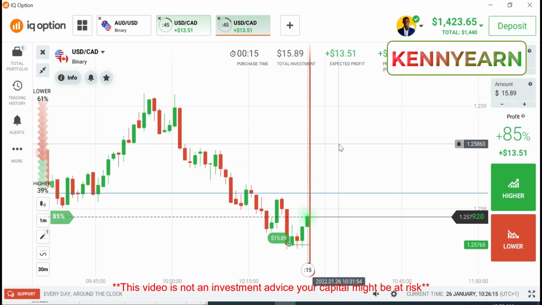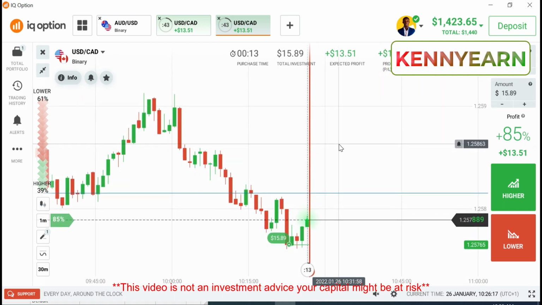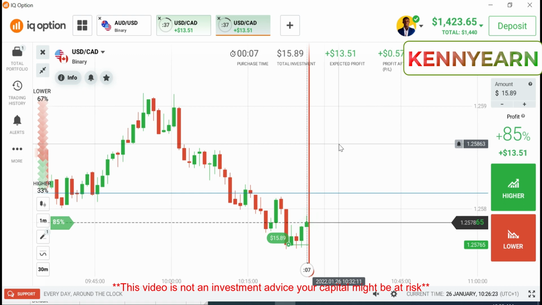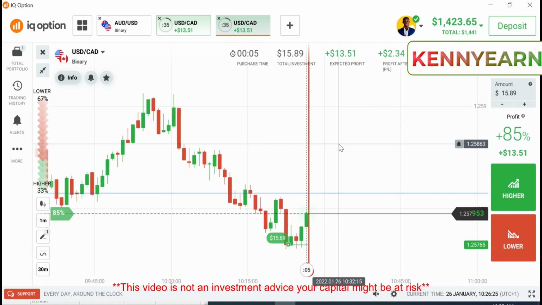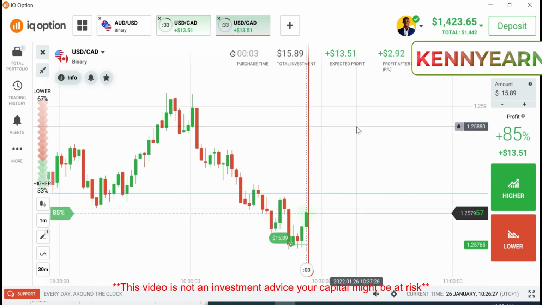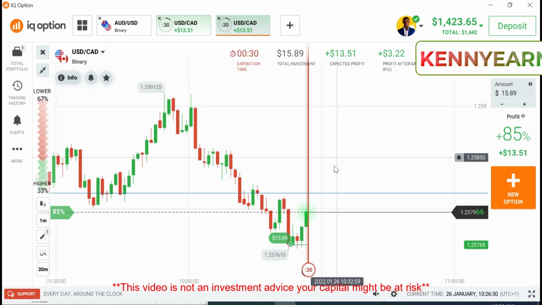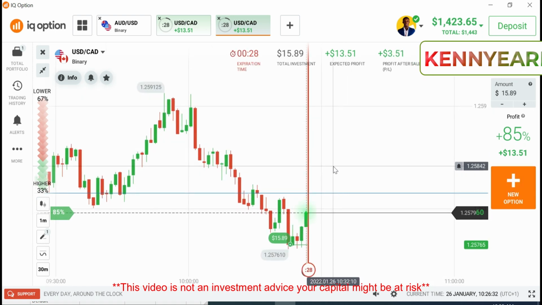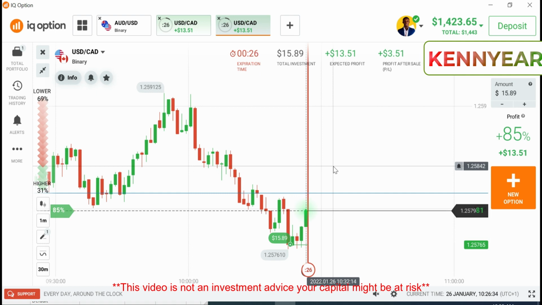Okay, we're already on the last candle now, and very good. Buyers are coming in just like I expected. You can see the entry. The entry is quite a sniper entry, well scripted. All right, that's a good one.